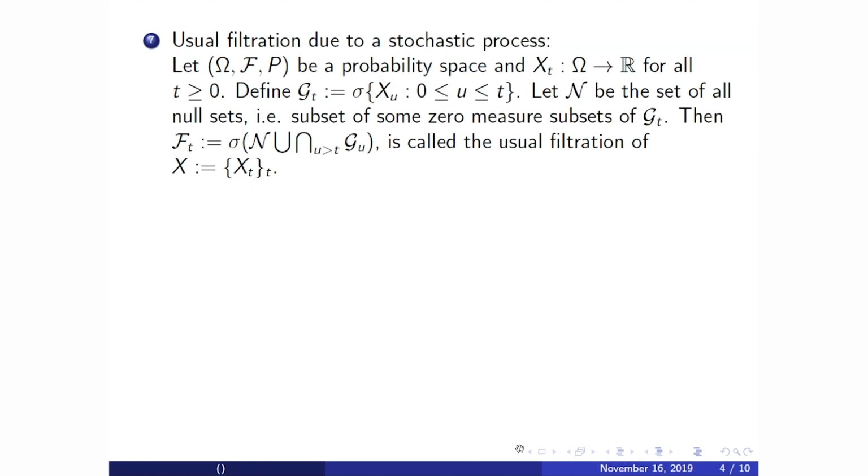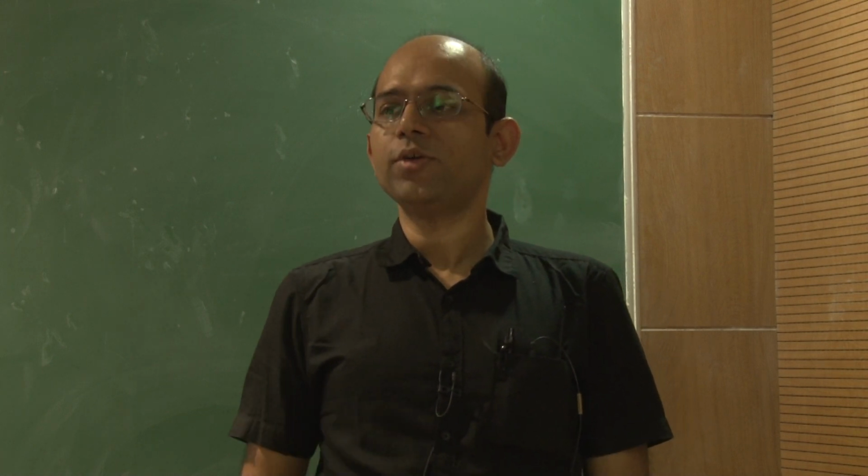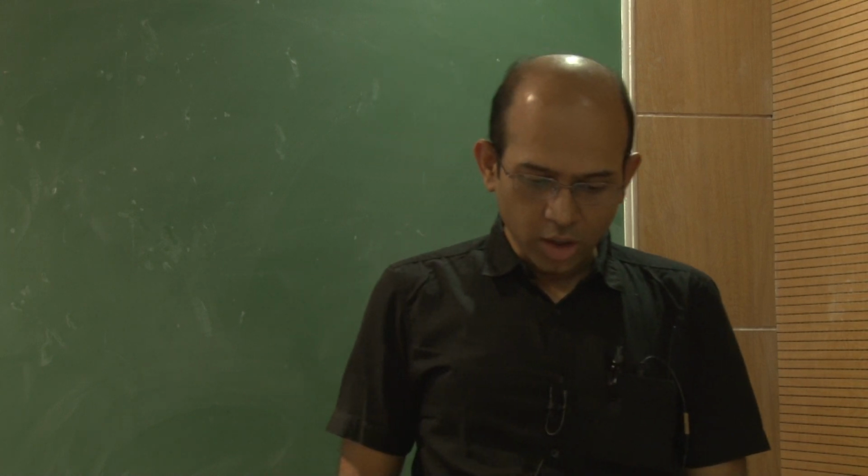The usual filtration due to a stochastic process is a very important notion when nothing is mentioned. So, in a context when nothing is mentioned about the filtration, just one is talking only about the random process, then a default filtration is always there.